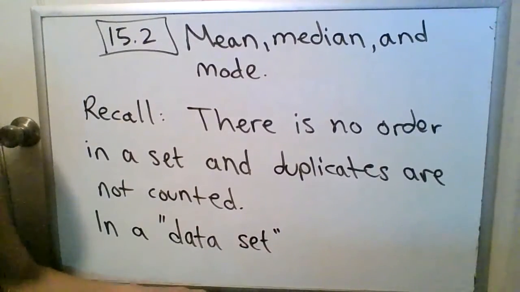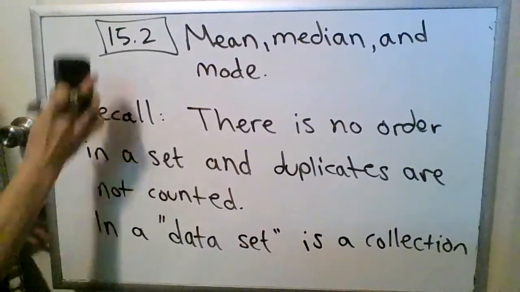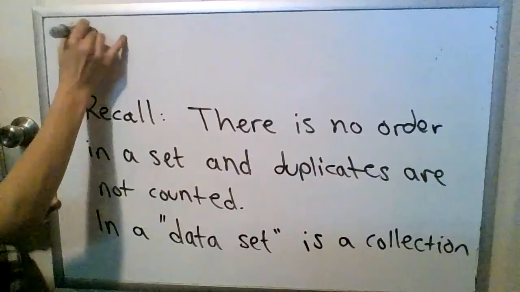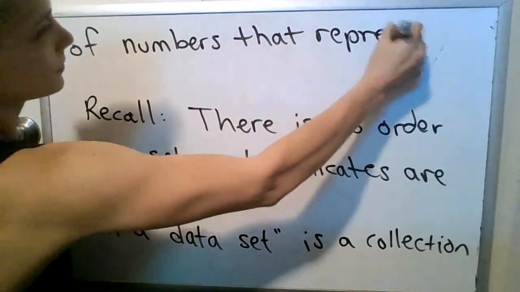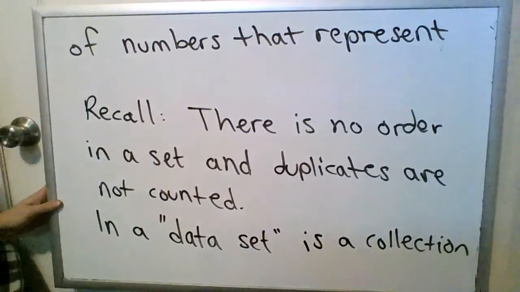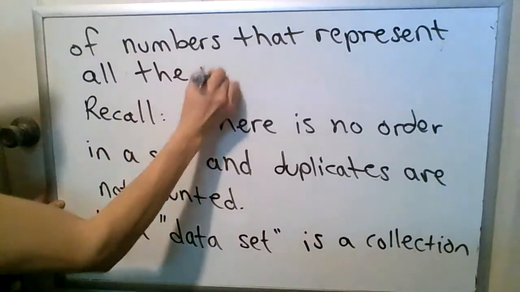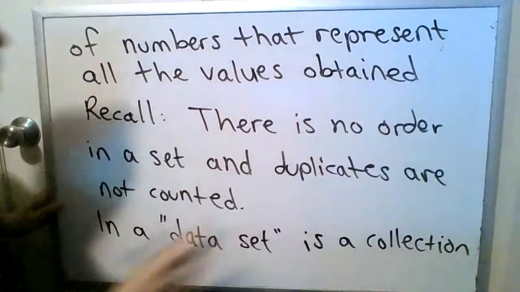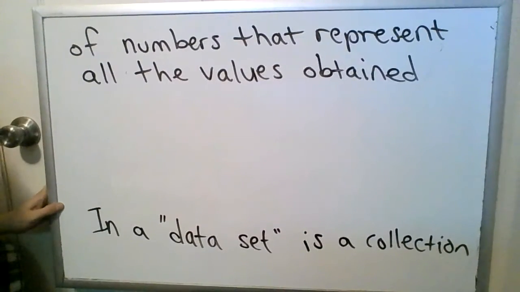So it's a collection of numbers that represent all the values obtained when measuring a characteristic of a population.